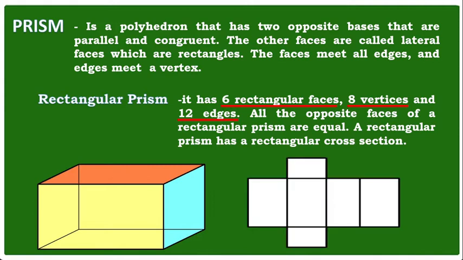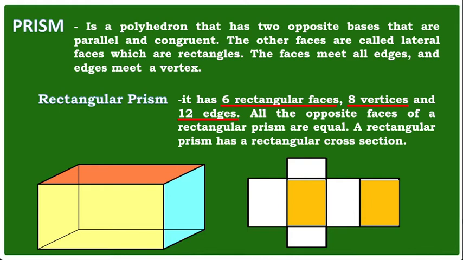This is one of the nets this rectangular prism has. This will be the base of the solid figure when folded and formed into a solid figure. This one is the top. As you can see, base and top are parallel and congruent to each other.